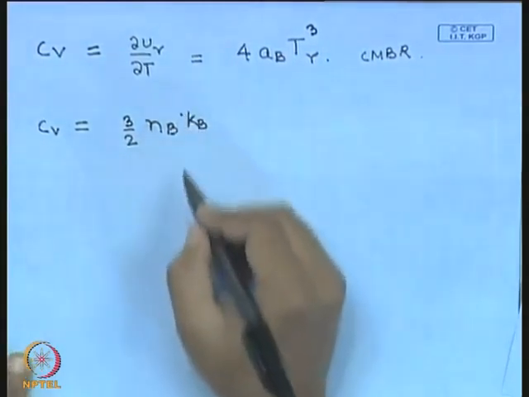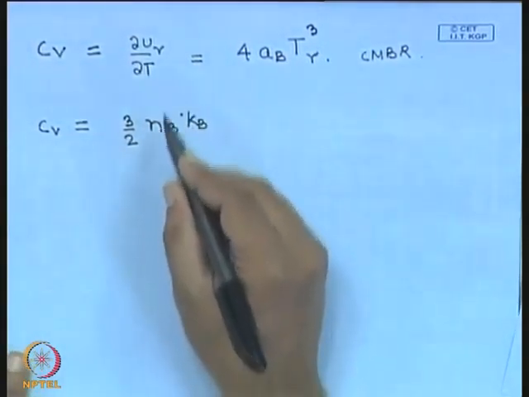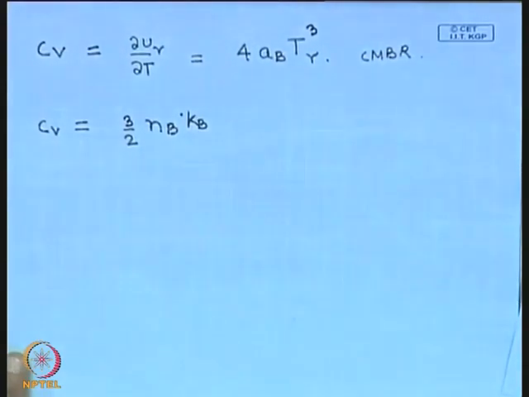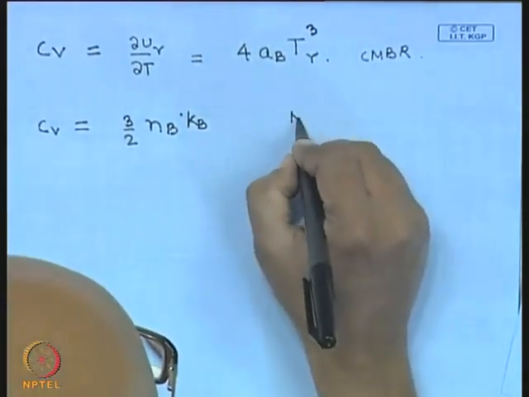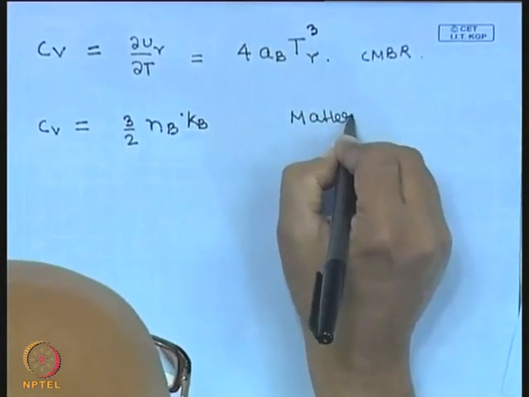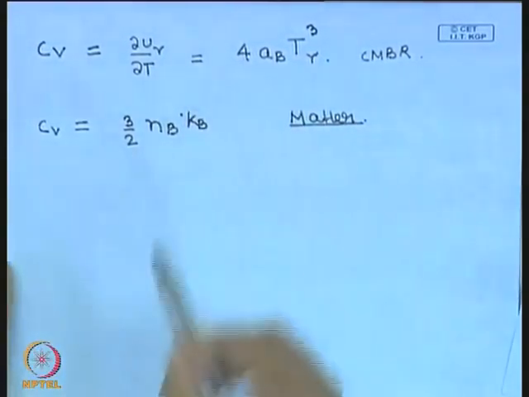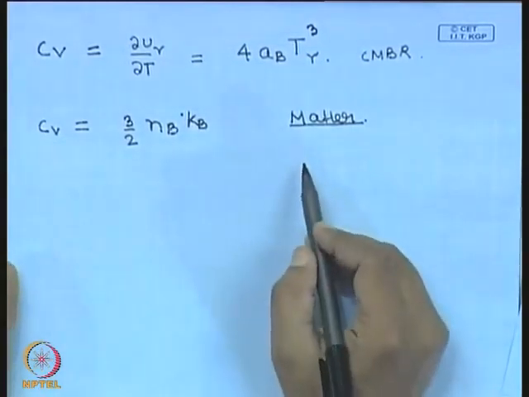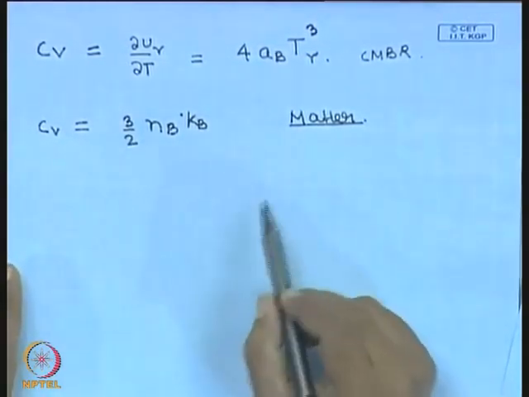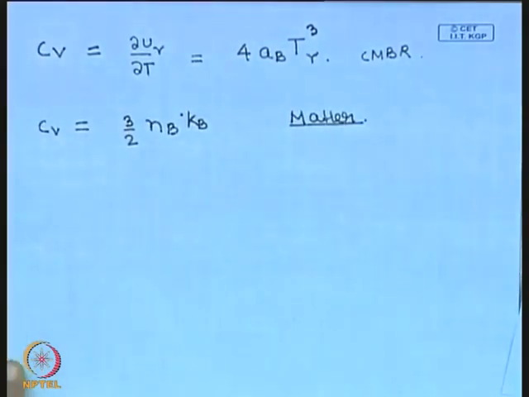So, let us now compare the ratio of these two heat capacities. This is for the matter, assuming that it is all hydrogen. Dark matter does not interact with the CMBR. So, let us assume that the baryonic matter, baryon I refer to protons and neutrons, is all in hydrogen. Okay.